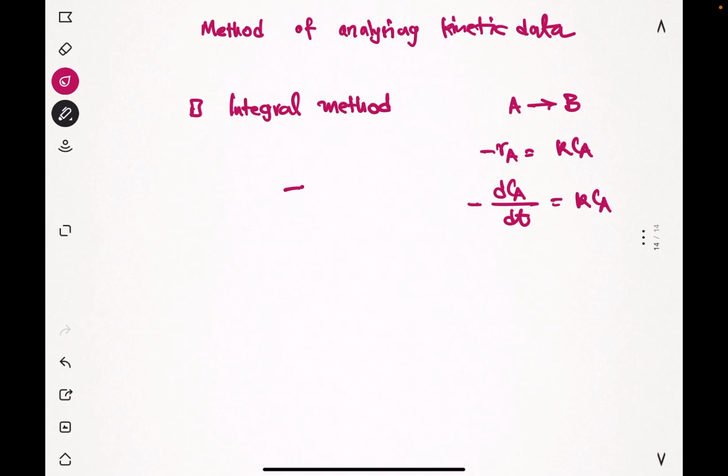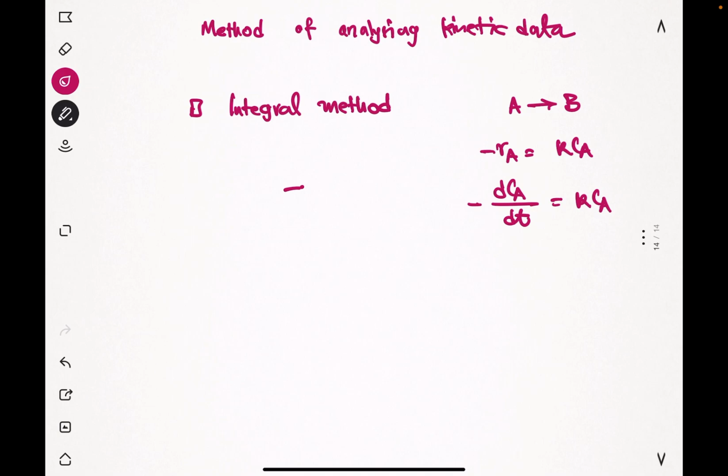So first we guess the form of the rate equation, and then we figure out what will be the linear form for that particular order of reaction, and then we try to fit our experimental data according to that equation and see whether it's a straight line or not.